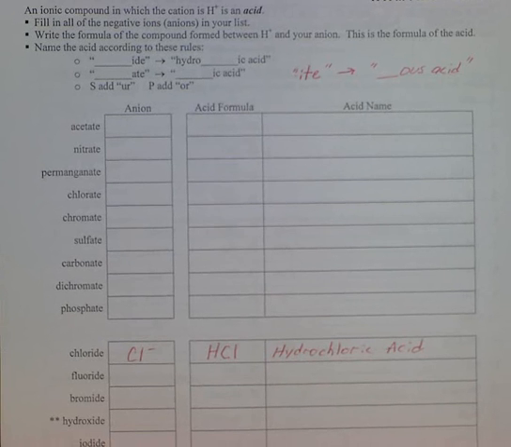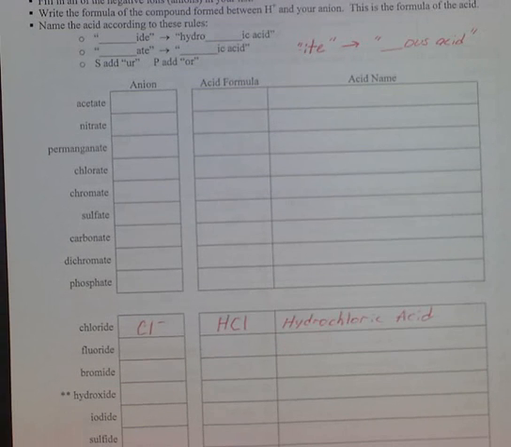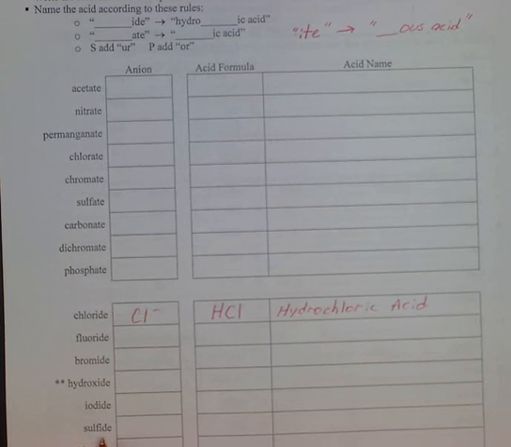Let's look down here at this sulfide ion. Now the sulfide ion is an S with a -2 charge. And again, we can just look that up on our ion sheet to determine the charge.